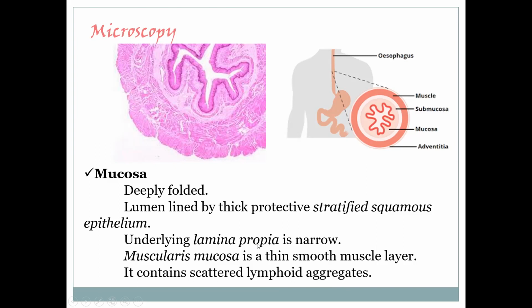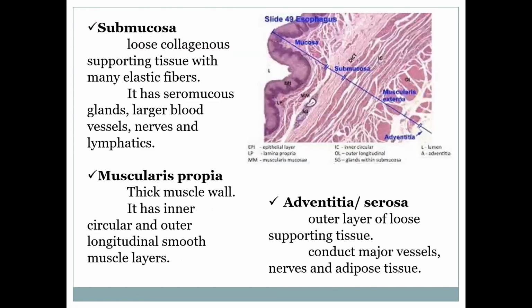So this lamina propria is a narrow layer and the muscularis mucosa is a thin smooth muscle layer and it contains scattered lymphoid aggregates. The submucosa is a layer with loose collagenous supporting tissue and it has many elastic fibers. Also, the submucosa contains seromucous glands, larger blood vessels, nerves, and lymphatics.